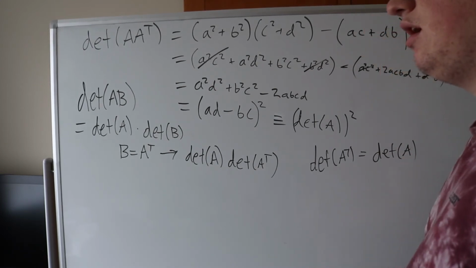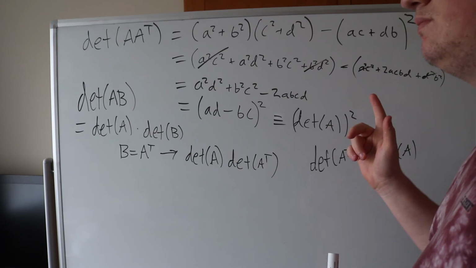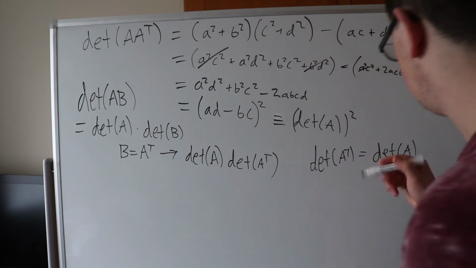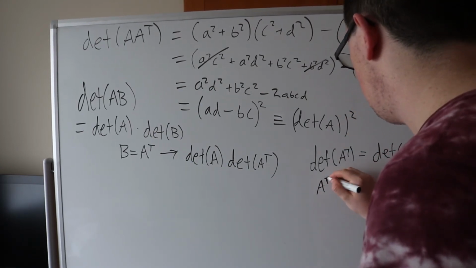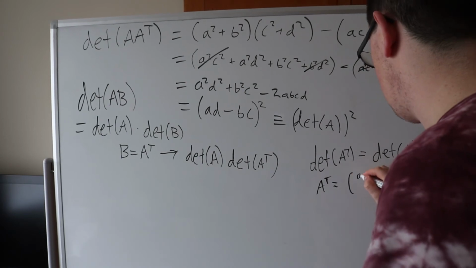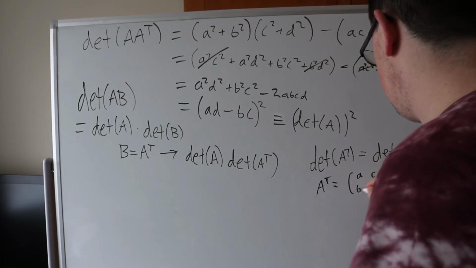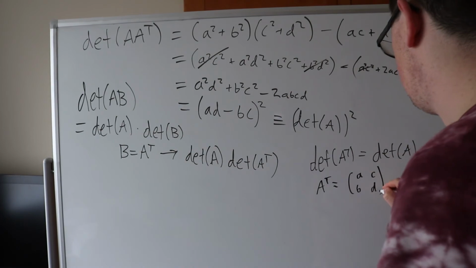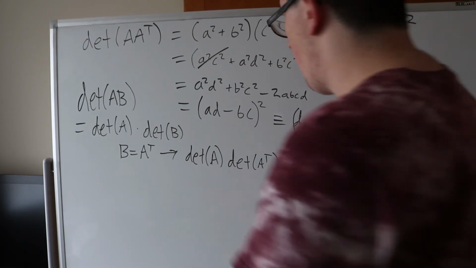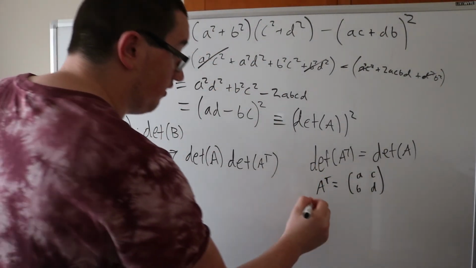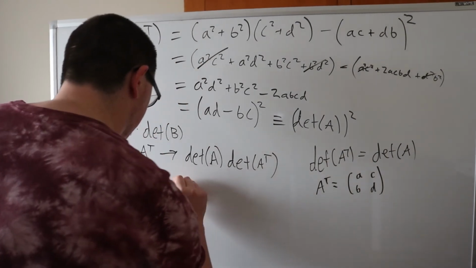I'm just trying to think. A transpose was equal to our matrix A, C, B, D. Yep, that's right. And we can take the determinant of that.